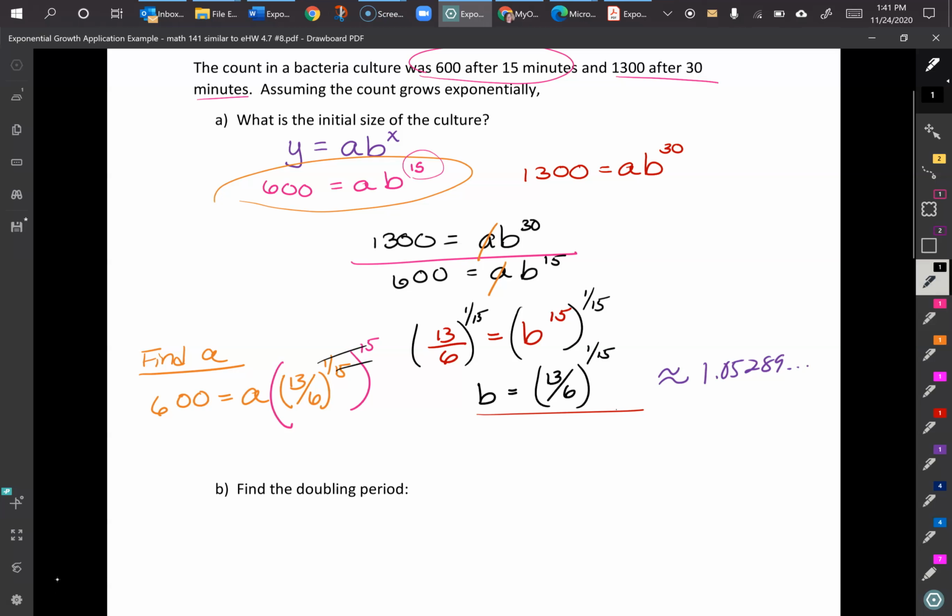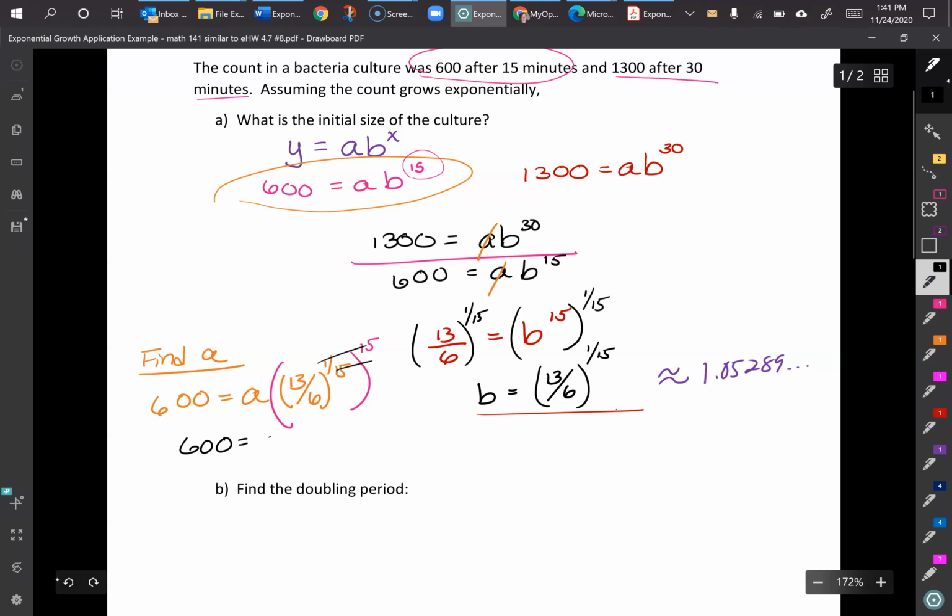So I'm left with 600 equals A times 13 over 6. Now multiply both sides by the reciprocal there, and I would get A is approximately, now here I'm going to round, 276.923, and so on and so forth.